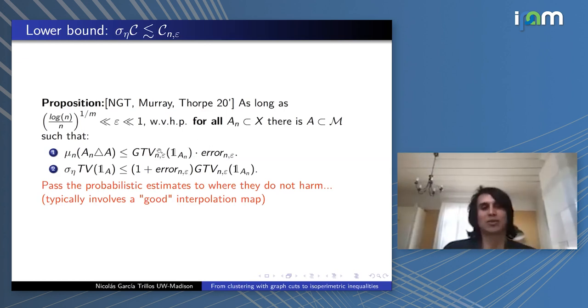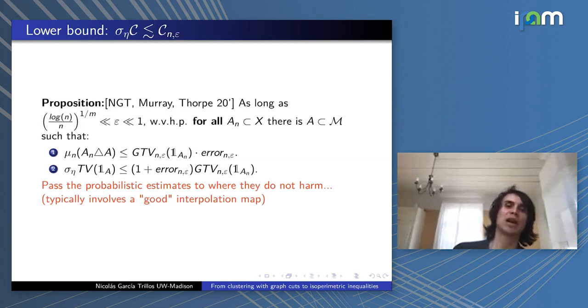It depends on the size of the boundary of the original set, fine, but morally speaking, the right-hand side is small. So the interpolation and the original set are close to each other, first thing. And the second thing is that we can control the perimeter of the interpolated set with the perimeter of the original set.